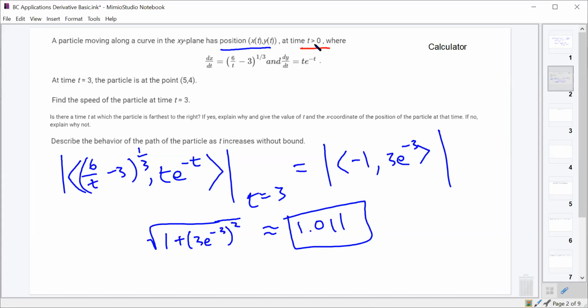So the only thing we're interested in is critical values of the derivative of the x component of our position vector. And so the derivative of the x component of our position vector is 6 over t minus 3 to the 1/3. And we want to know if that's ever equal to 0 and if that's ever undefined. So first off, it equals 0 when 6 over t minus 3 equals 0.